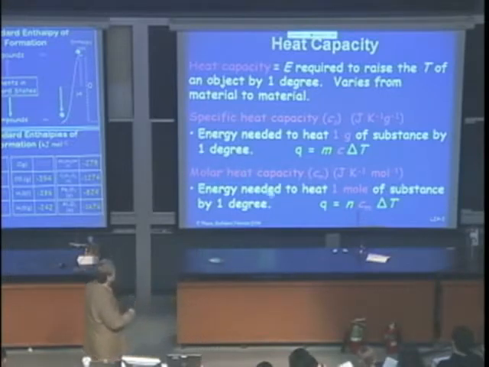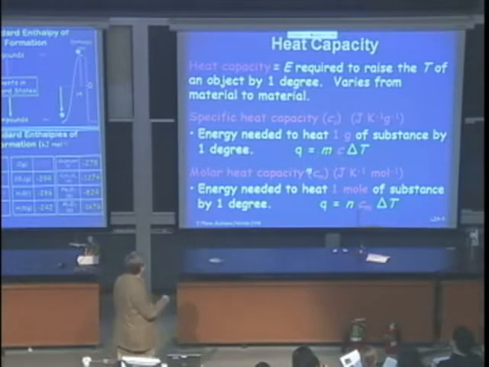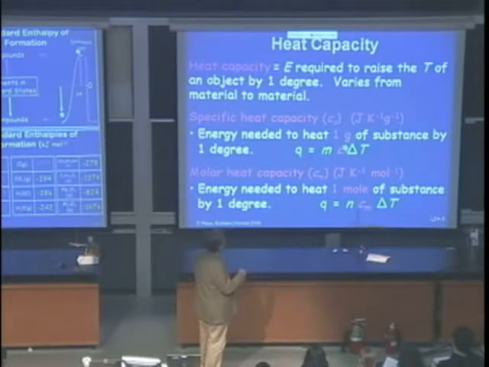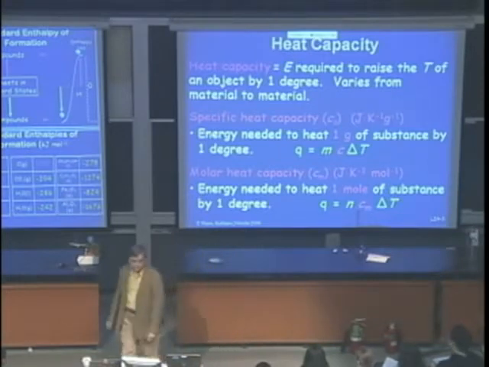This is the energy that you need to heat 1 mole of substance up by 1 degree. So we have the heat capacity C, that would be C_s, and this would be C_m, that stands for molar, and this stands for specific. So the heat that you generate is Q, the mass, times the heat capacity, times the change in temperature. You have done this in your lab, and you must be familiar with this by now.